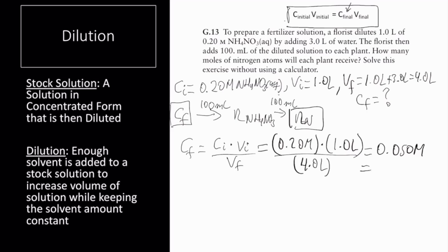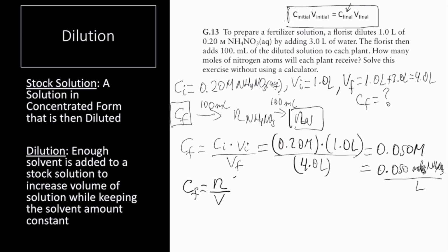So molar can also be in units of moles of ammonium nitrate per liter. Okay, so from there we need to find how many moles of ammonium nitrate we have in 100 milliliters of this diluted solution. So we use the following equation. For this concentration, we can have a certain number of moles divided by a volume.